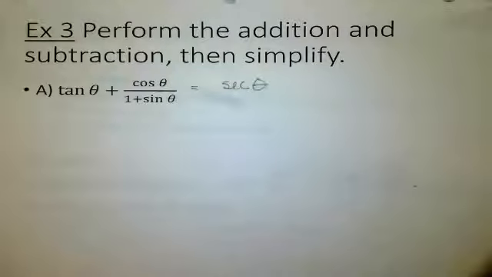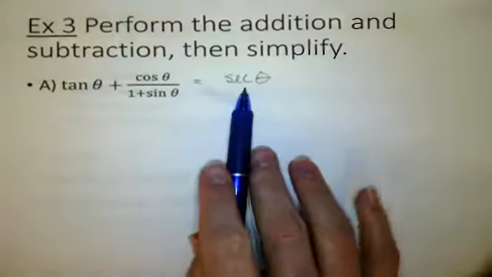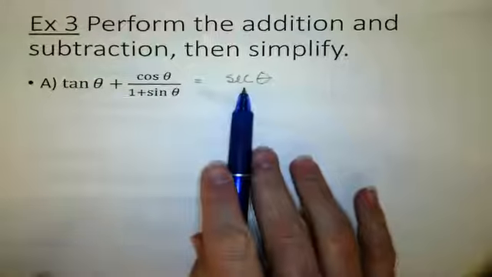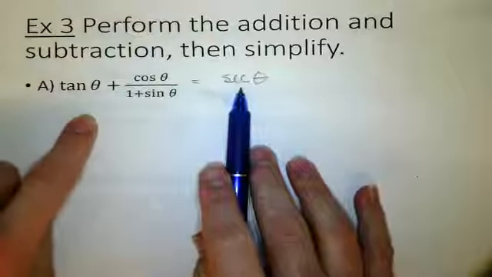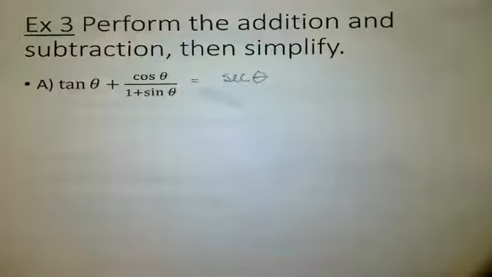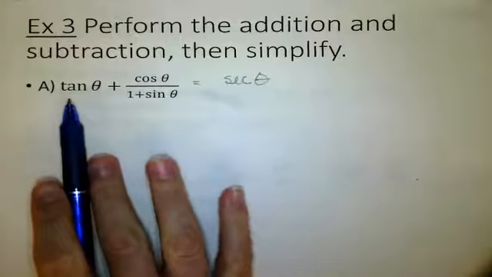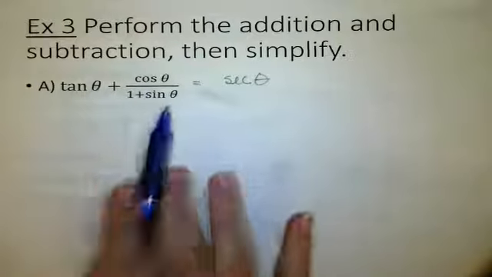Example 3, perform the addition and subtraction, then simplify. So again, what's nice about verifying identities is that they give you the result. We're trying to get to secant of theta. And so again, I'm looking at this more complicated side and figuring out how I can consolidate it. When I'm looking at this left-hand side, I see 3 trig functions: a tangent, a cosine, and a sine.